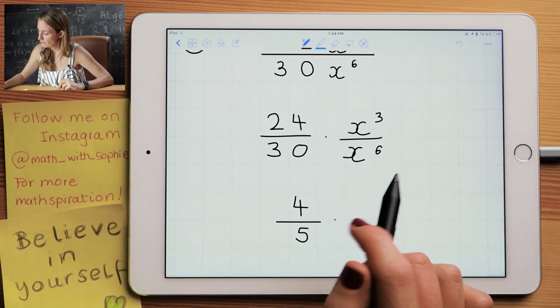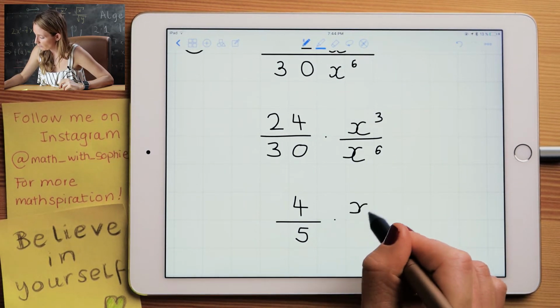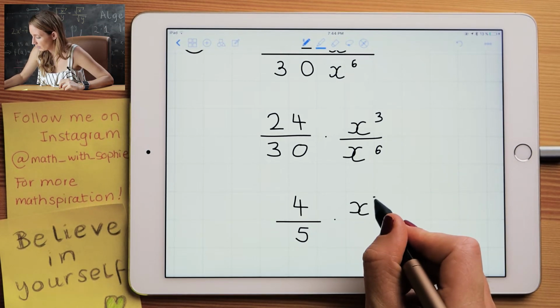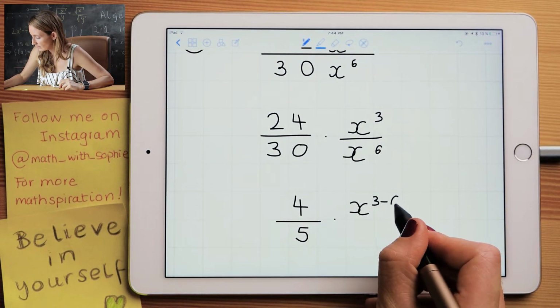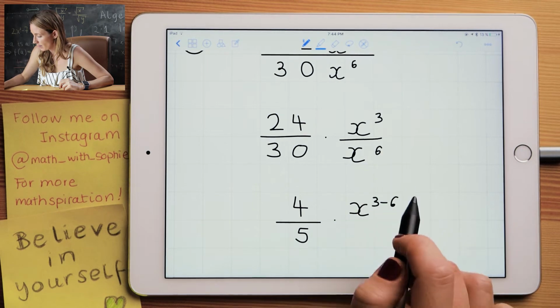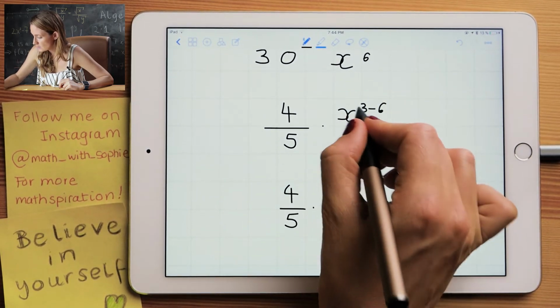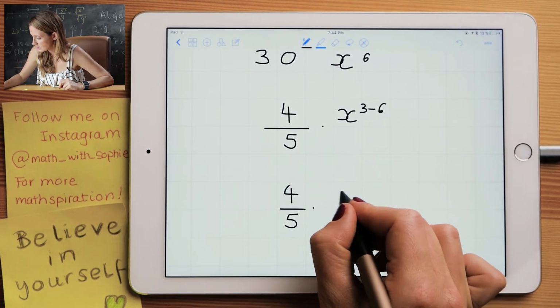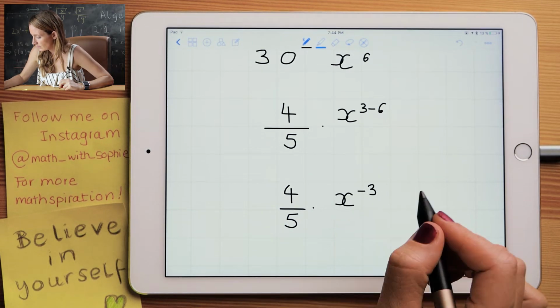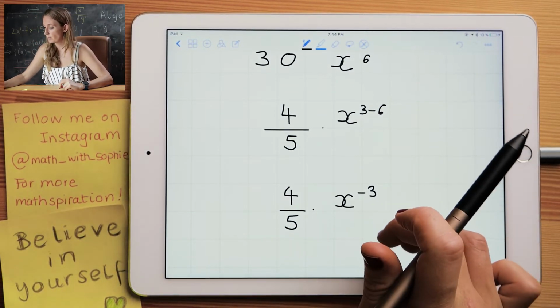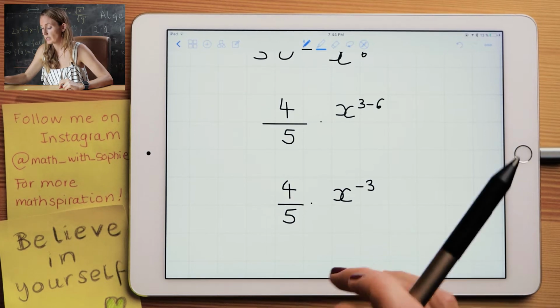We need to do the same as before, where we subtract the power on the top by the power on the bottom. So we're going to have 3 subtract 6 is our power on the x. So 3 subtract 6 is minus 3. You can leave it like this, or because it's a negative power, you can put it underneath.